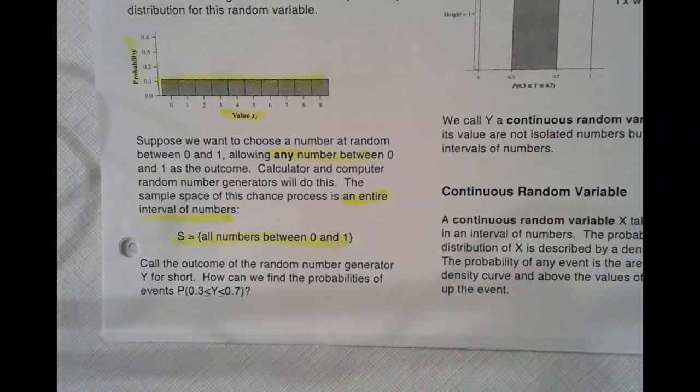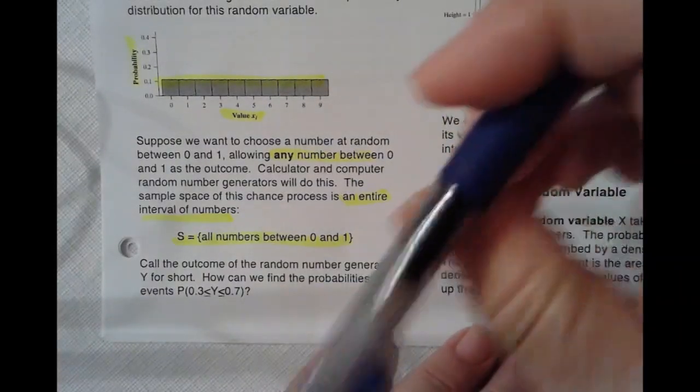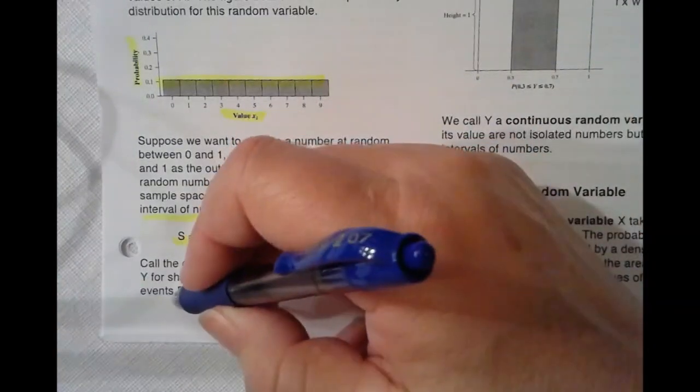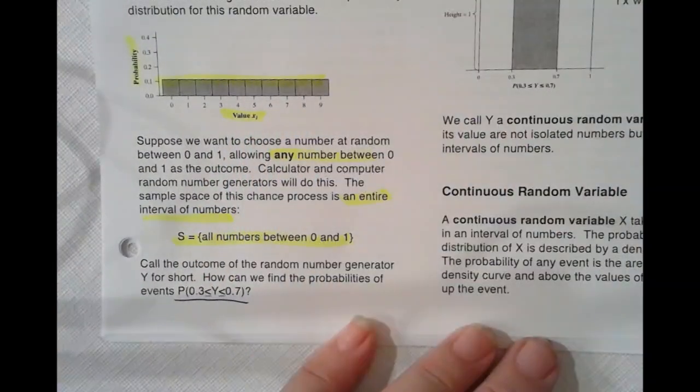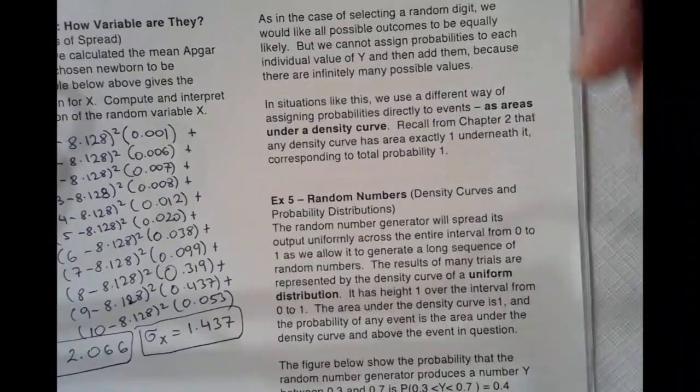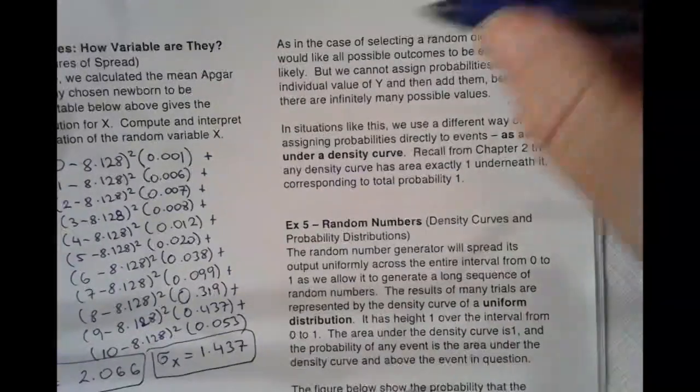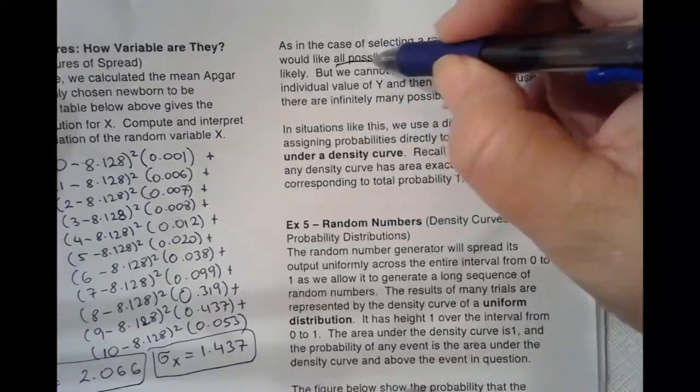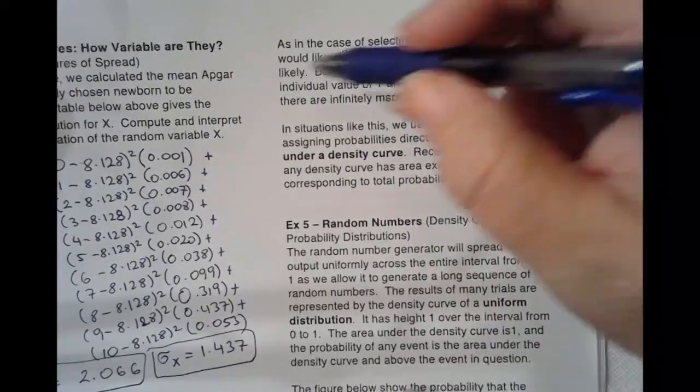We call the outcome of the random number generator Y for short. How can we find the probability of 0.3 to 0.7? As in the case of selected random digits, we would like all possible outcomes to be equally likely.